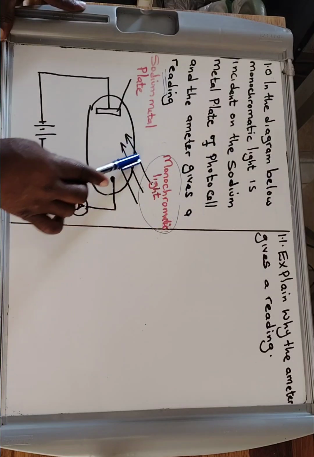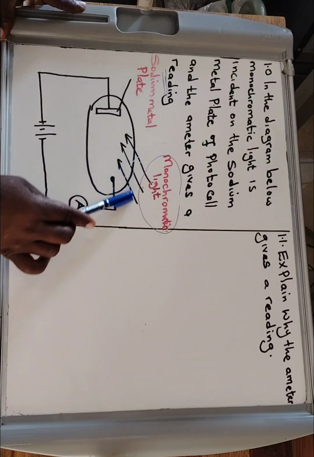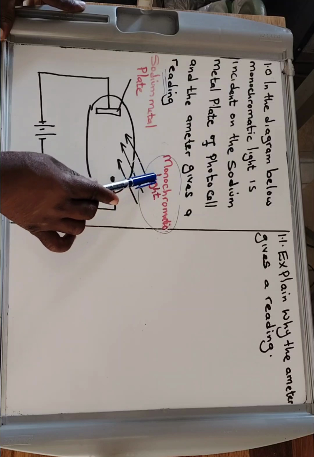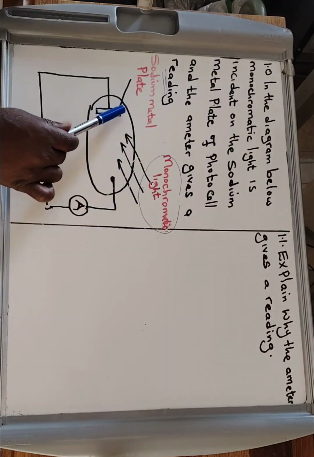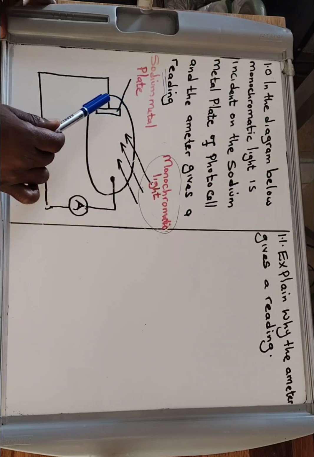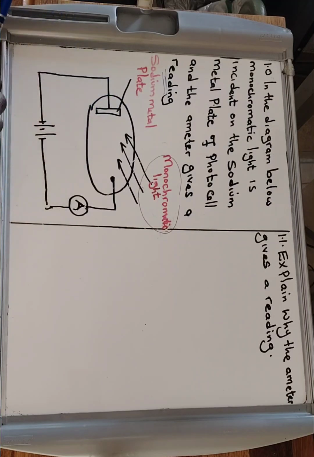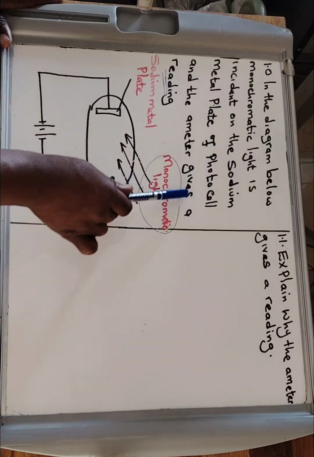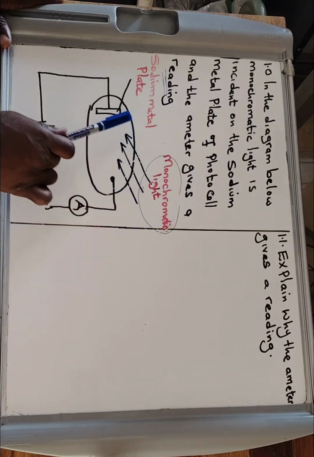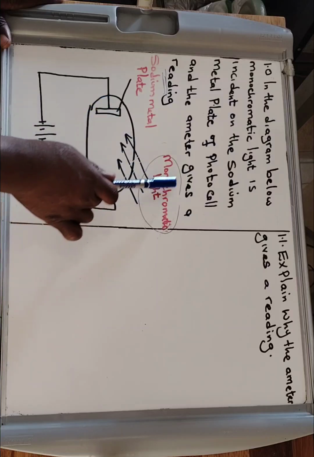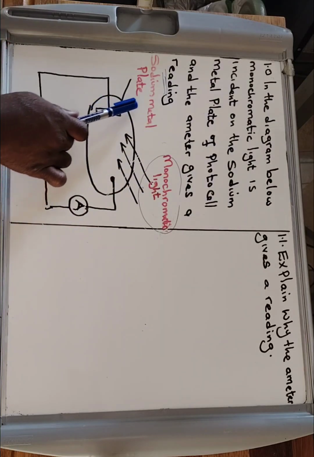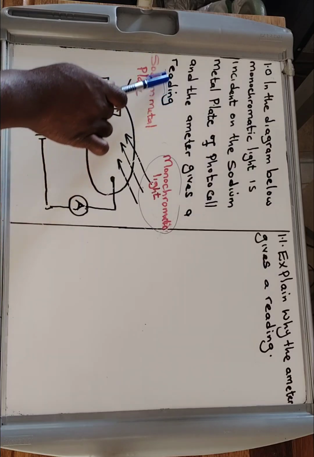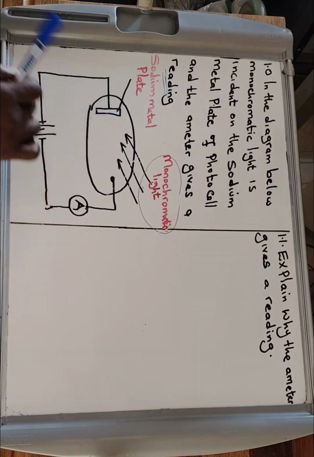The circumstance is when the energy of the incident light is greater than the work function of the metal of interest. Let me repeat. This ammeter will give a reading only if the energy of this light which is incident on this metal is greater than the threshold energy, the work function of the metal.